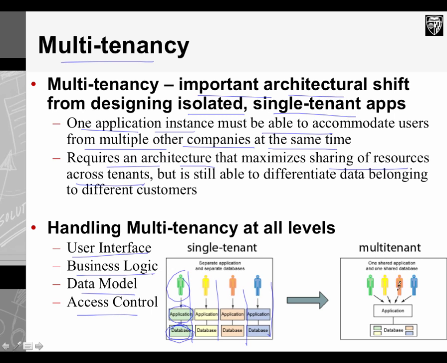So the idea here is that you'll have one application, you'll have one database, and then you'll have multiple users that may be coming across these different companies to access the application. And in the database also, it'll look like a single database, but it'll be partitioned, so that everybody can see only their own data. And the others can see your data only if it is being shared by the original owner of the data.